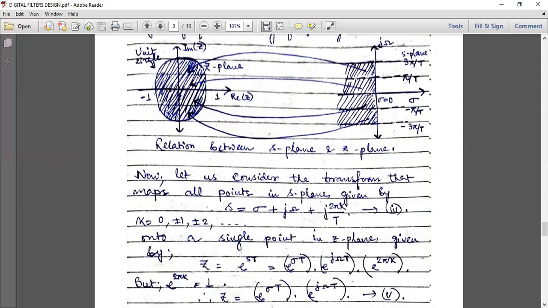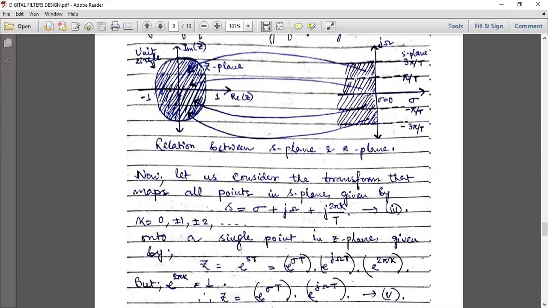I told that R equal to e to the power sigma t. That I've just considered. R is a variable, obviously. So R equal to e to the power sigma t. Now, a point on the j omega axis in the S plane is characterized by sigma equal to 0.